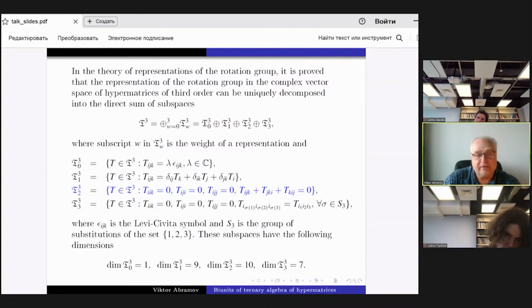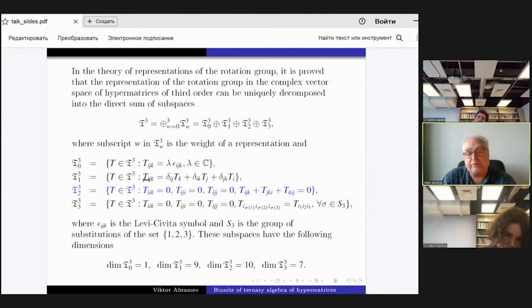Here we have only a one-dimensional representation, and this subspace is of totally antisymmetric or skew-symmetric tensors, which is written here with the same epsilon as Richard used in his talk. This is the Levi-Civita symbol. So it is a totally antisymmetric tensor, a one-dimensional space, and we have one irreducible representation.